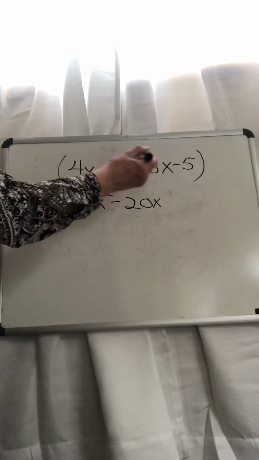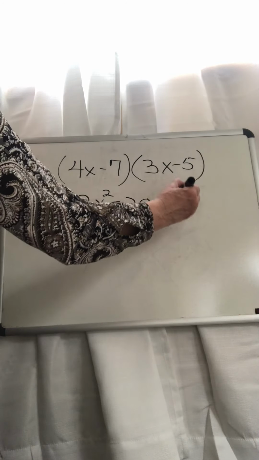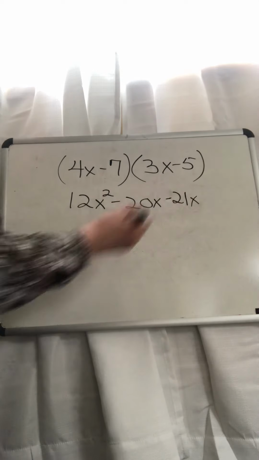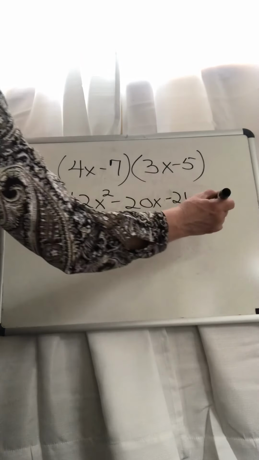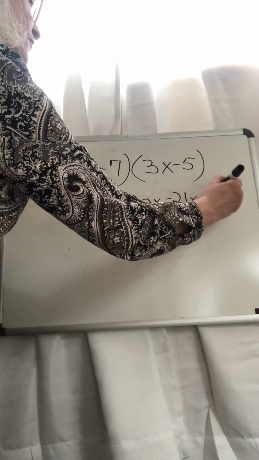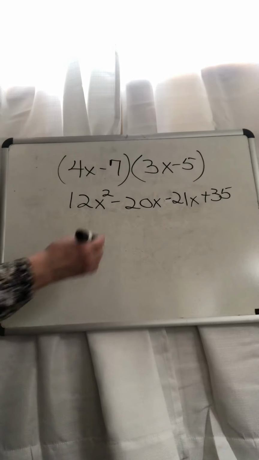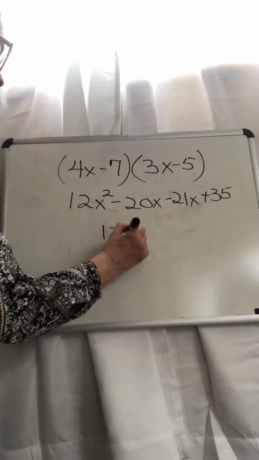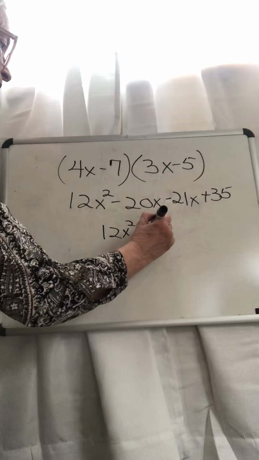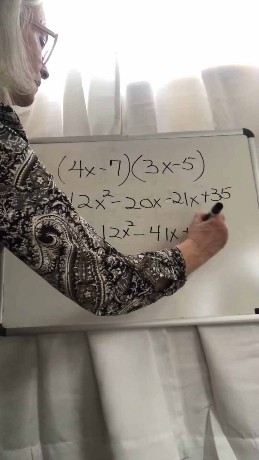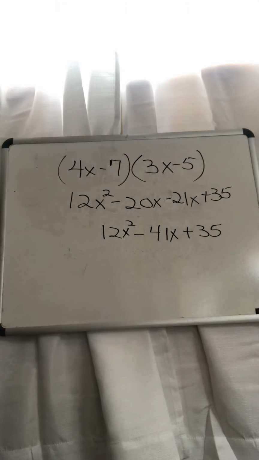A negative 7 times 3 is a negative 21x. Negative 7 times a negative 5 is a positive 35. Then you add your like terms. And we get 12x squared minus 41x plus 35.